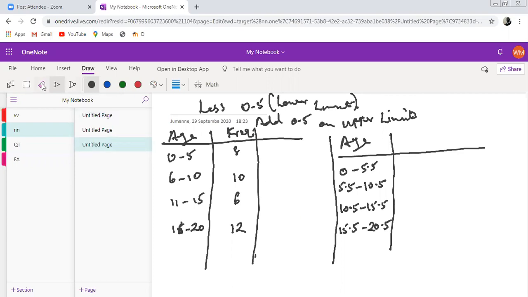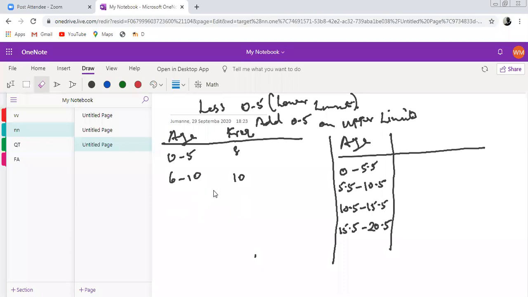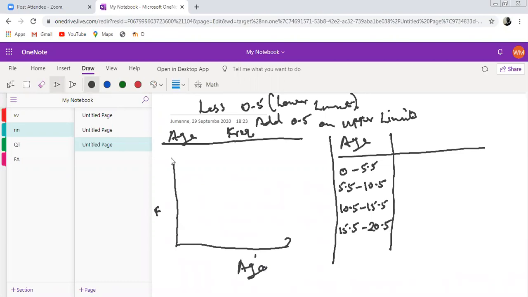So if you go ahead and present this information on a histogram, your histogram is going to be something like this. Here we have the age, and here we have the frequency, which is your y.